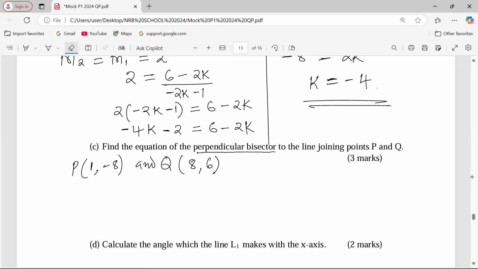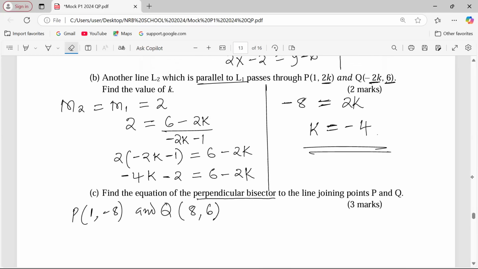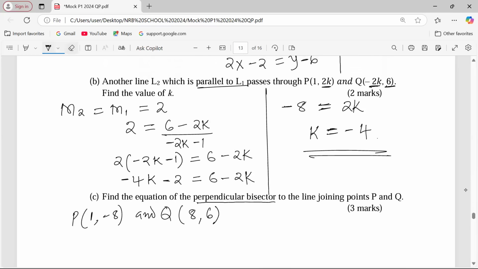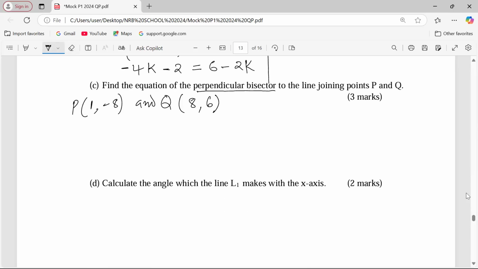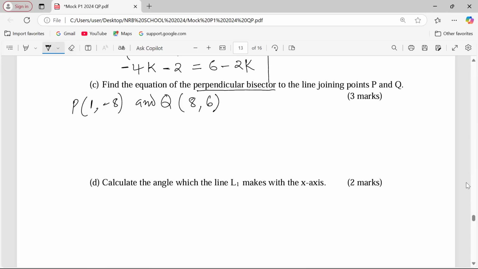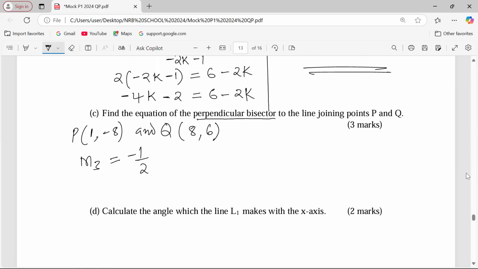PQ has a gradient of 2 since it is parallel to the first line. That means line 3 in this case will have a gradient equal to negative 1 over 2. So I'm taking the reciprocal with the opposite sign, so that when negative half is multiplied by 2, they simplify to negative 1. So we have the gradient of this perpendicular bisector.